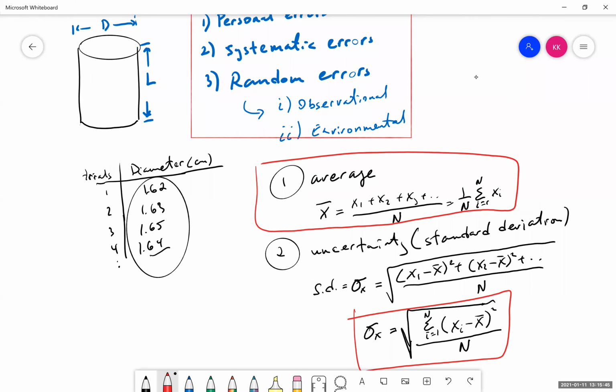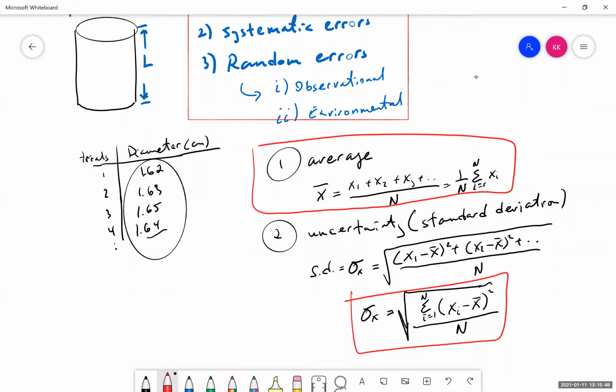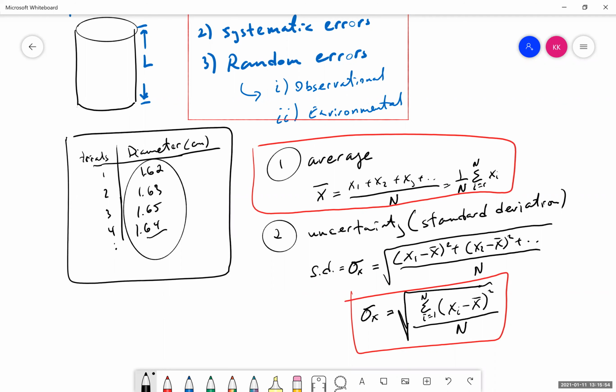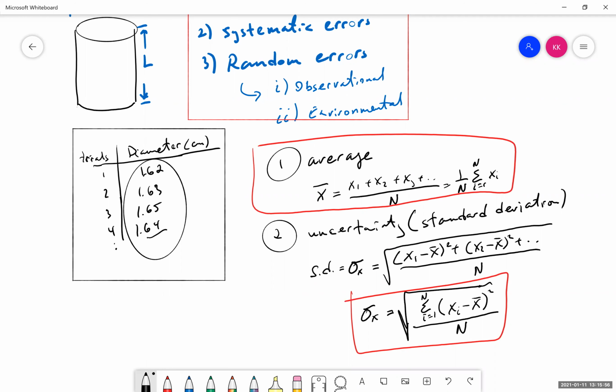That means when you're presenting your experimental measurement, you can say, all right, I collected this data for the diameter of the cylinder, and the best value that I can use to represent the diameter is the average. Here's the average.